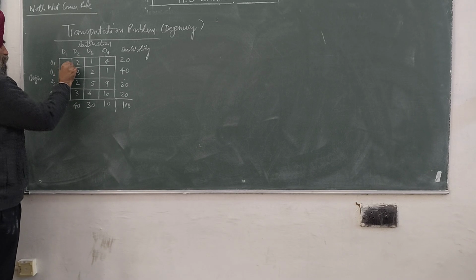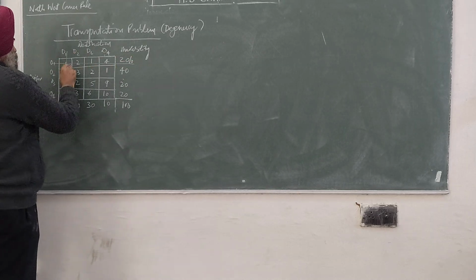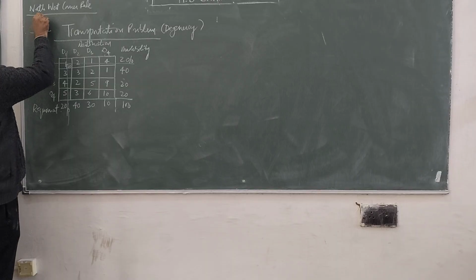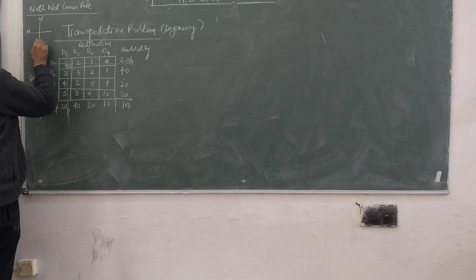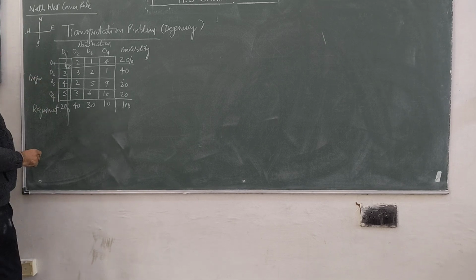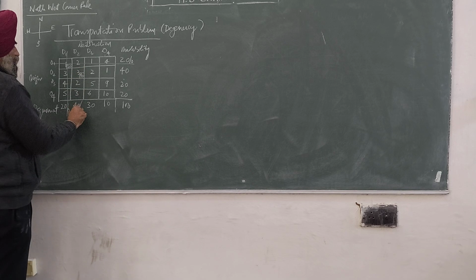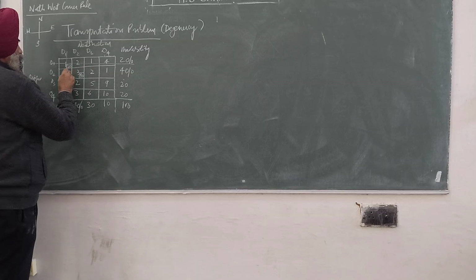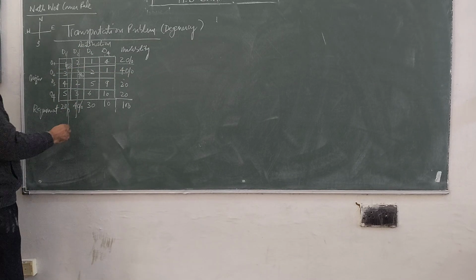Here it is 20, 20. In the northwest corner rule, this was the concept: north, west, east, south. Clear? So this is 20, 20. Here it is 40, this is 0, this is also 0, so this is cancelled.